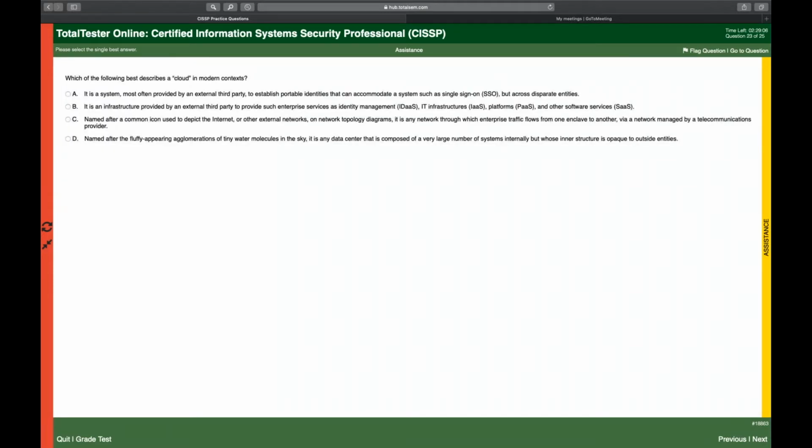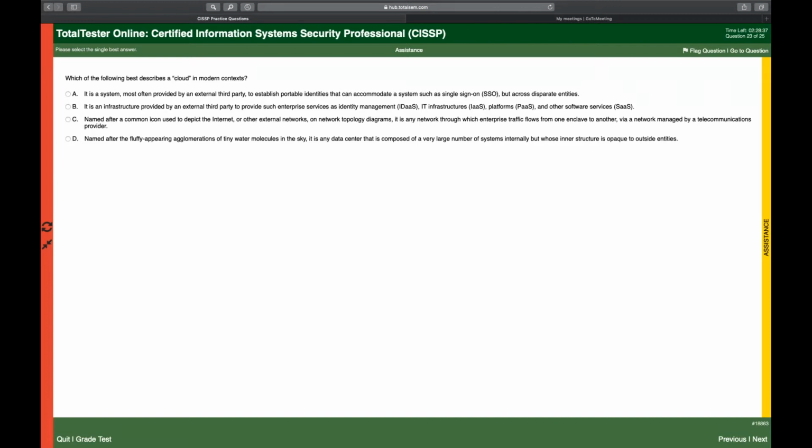All right, 23. Which of the following best describes a cloud in modern context? Yeah, this one is pretty easy, y'all. NIST only identifies 3 service models, and I see 4 listed here. Okay, I am ready. All right, go for it.